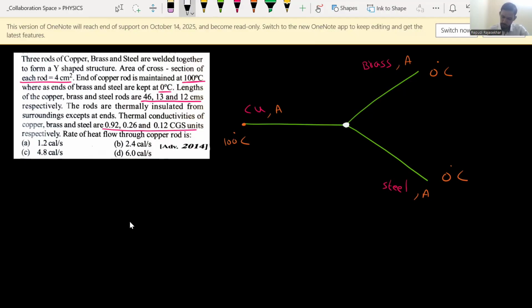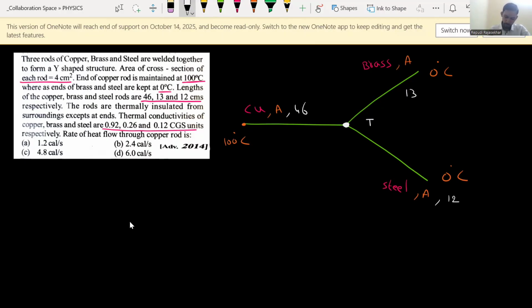Let us take the junction temperature as T. In the class I discussed, this is a very important model, many times repeated in JEE Mains. Okay, important model, Y-shaped rod. So junction temperature is T. Right, next the length of the rod is also given. Copper is 46 centimeters and brass rod is 13 centimeters and steel rod is 12 centimeters.